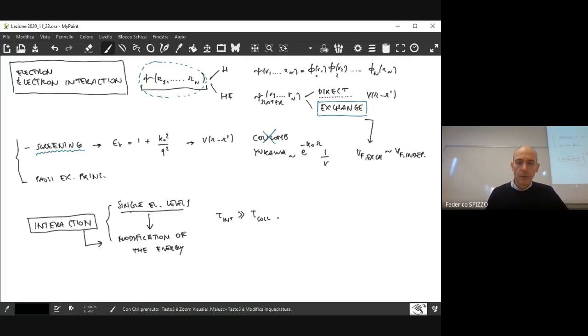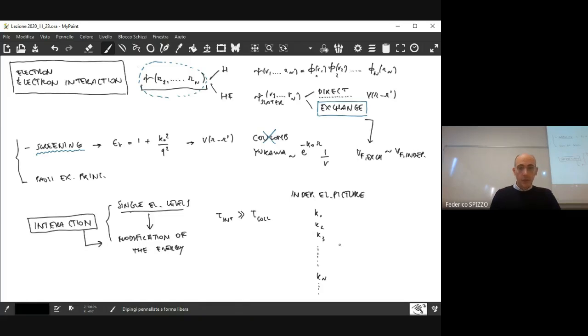If we suppose to be in an independent electron picture, then we have the opportunity to find all the possible levels that we have in the system, as we did for the Sommerfeld model and for the Bloch model.